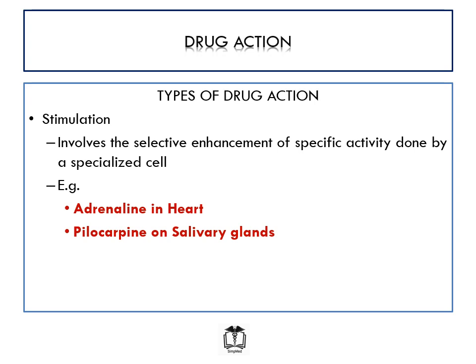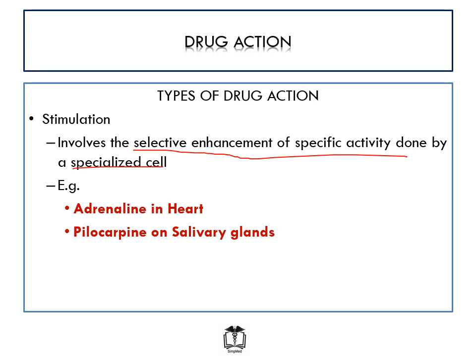Stimulation is the first type of drug action. Drugs categorized under this type of action are drugs that would selectively enhance already existing activity on specialized tissue. Now, the keywords to remember for this type of drug action, first of all, is the fact that they selectively enhance specific activities and they do this to specialized tissue.